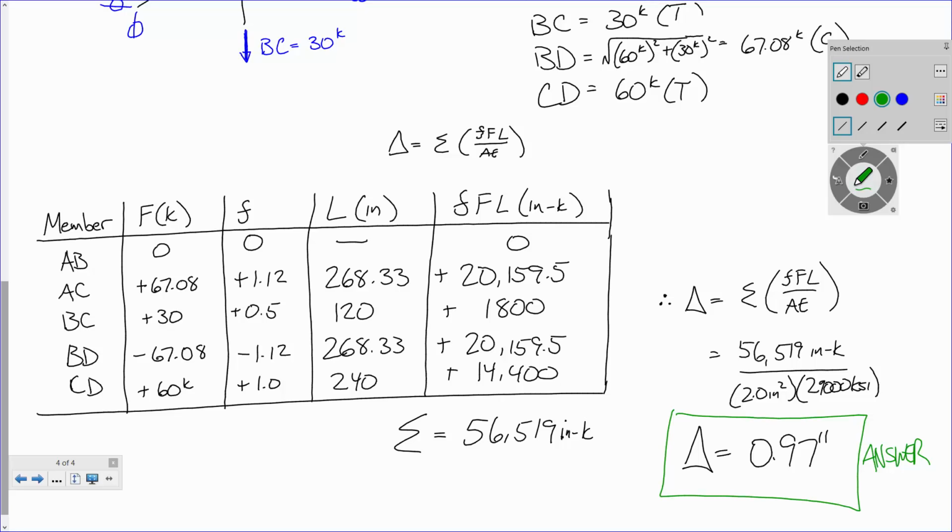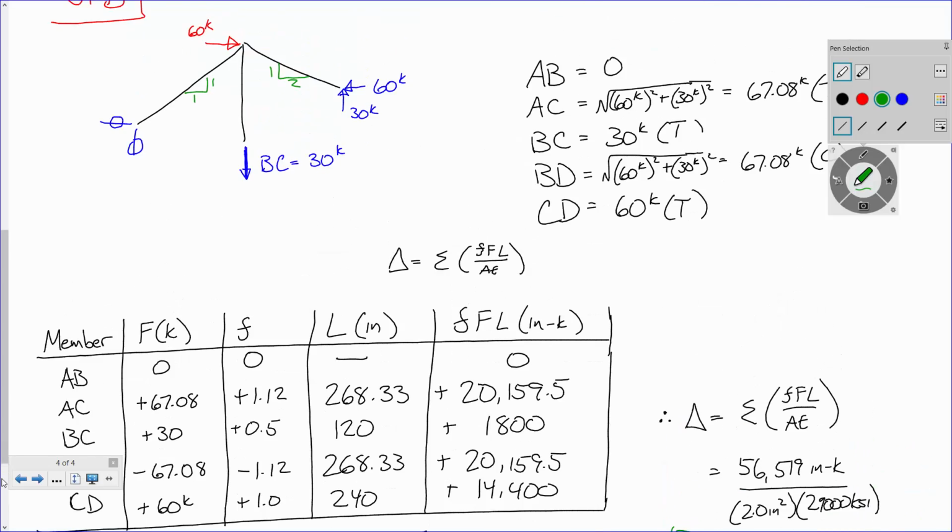But did this make sense? Now, again, if you were looking for the vertical deflection at C, you would have to put a unit load at C, do the truss analysis again, and instead of just taking these numbers and dividing by 60, you'd have a whole different set of numbers. Okay? Now, watch this. This is just for your edification so everybody knows.